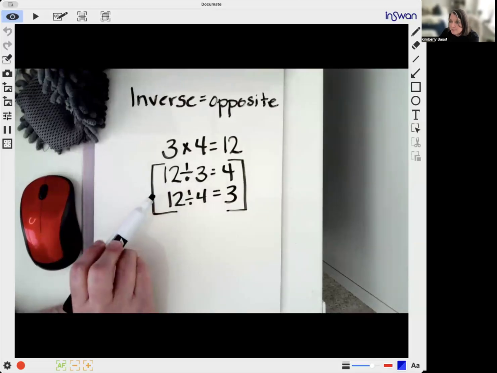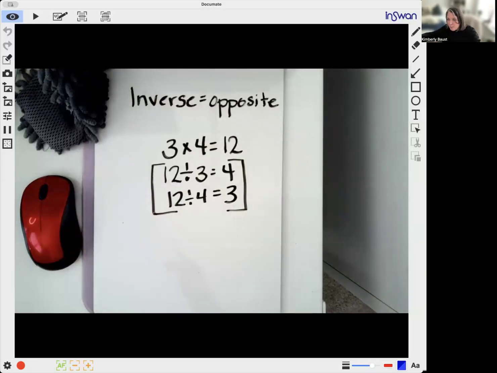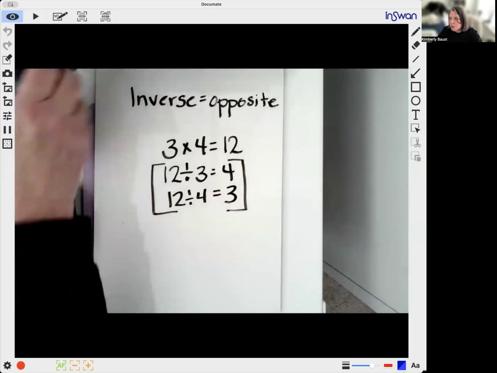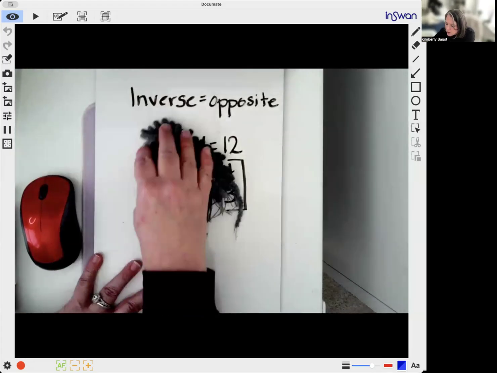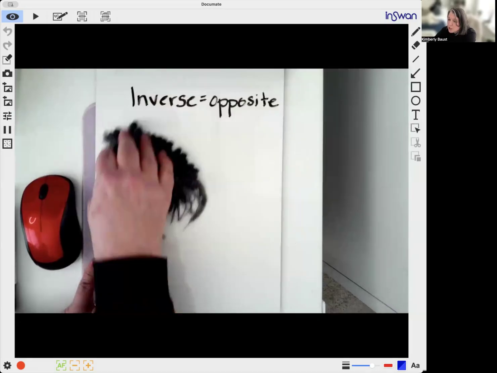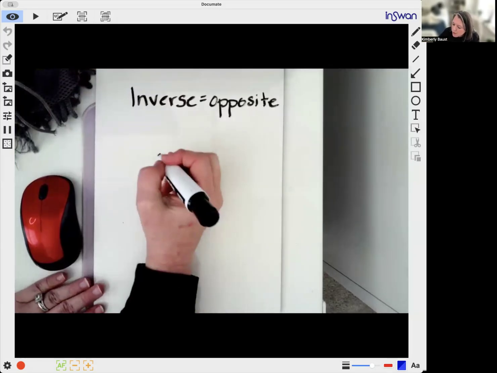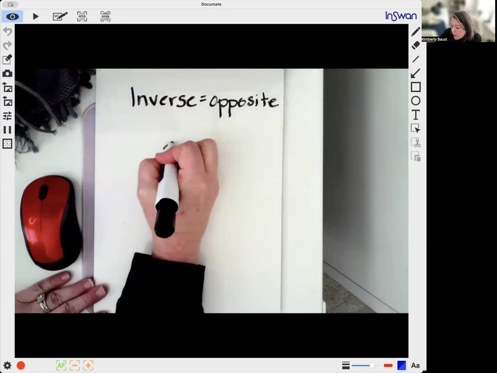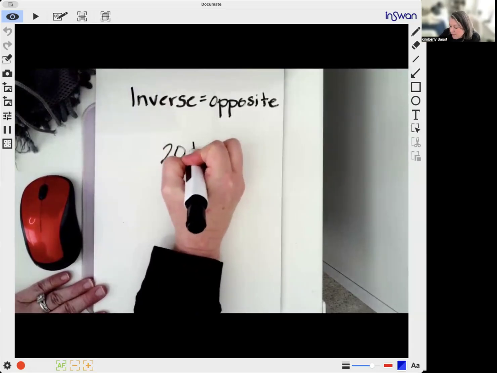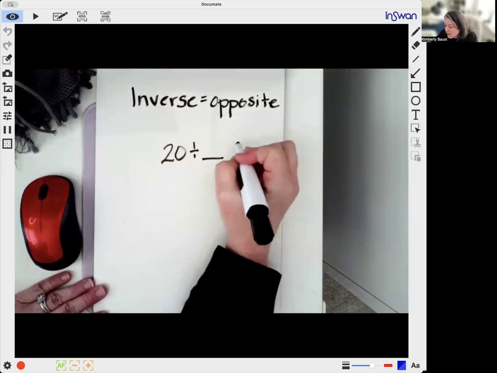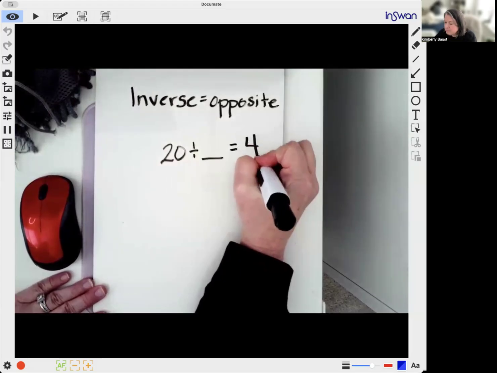These are the inverse. So then the next step would just be, how do you use inverse operations to solve for a multiplication or a division problem that you don't know, or maybe it's in a word problem. So what if I said 20 divided by something equals 4?